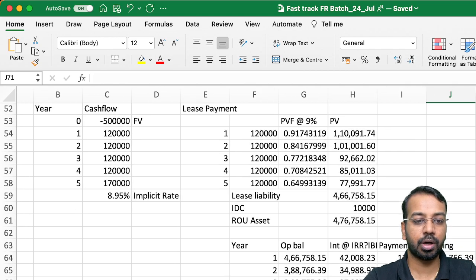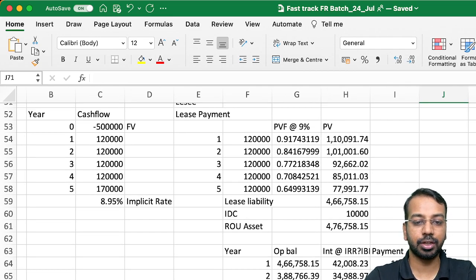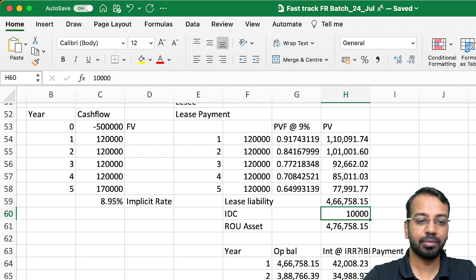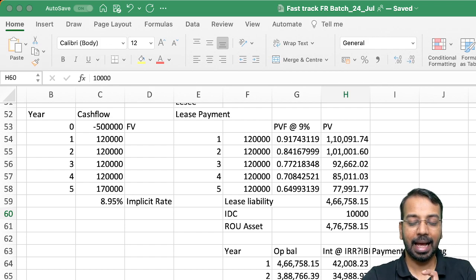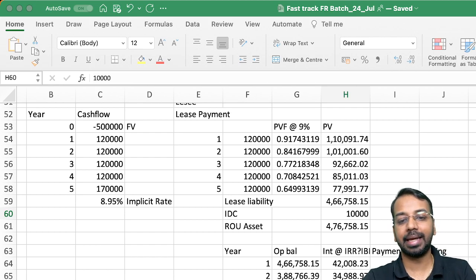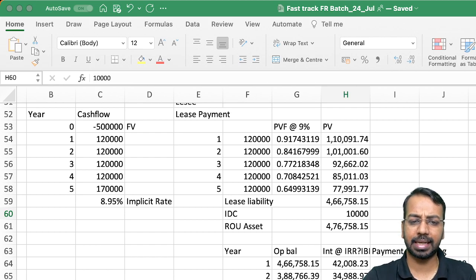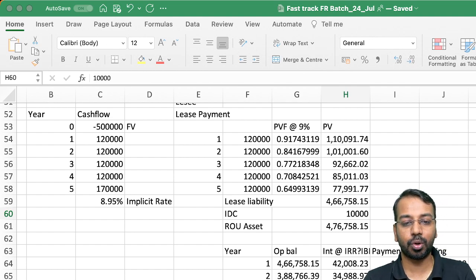Yesterday we understood how to calculate the right of use asset using this particular example, and also the lease liability. Before we move ahead, a quick recap. Right of use asset will always be equal to the lease liability, that is the present value of lease payments, and we will discount it at the rate implicit in the lease, or the incremental borrowing rate if the implicit rate is not known. So it depends on whether the rate is known or not known.